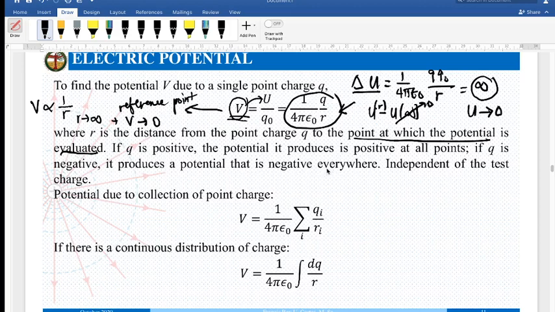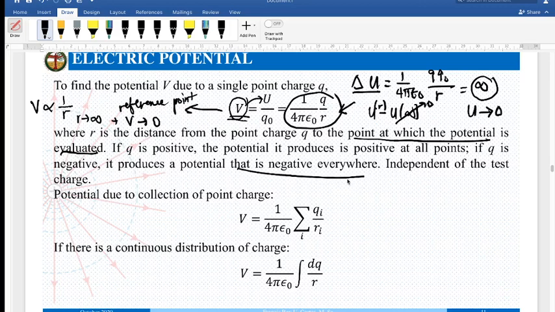So just like what you did in experiment number 1, right? You can see that if you put a positive q in the simulation space and calculate the potential anywhere in space, it is positive. Okay? But if q is negative, then it produces negative potential everywhere, which you can also see in what you observed in your simulation in experiment 1, which is again independent of the test charge.